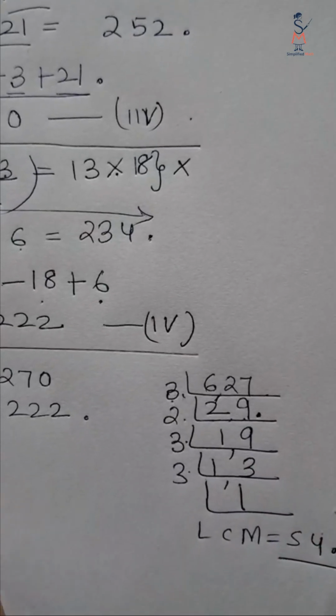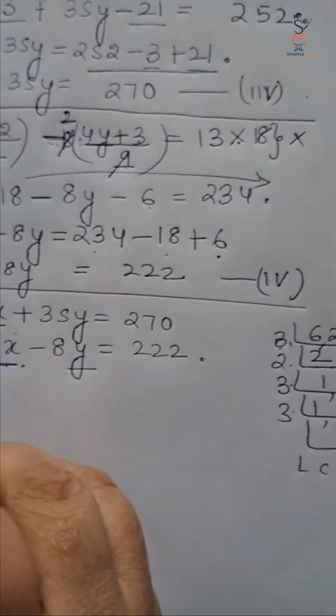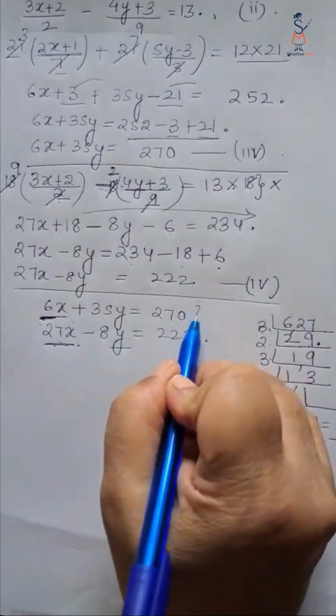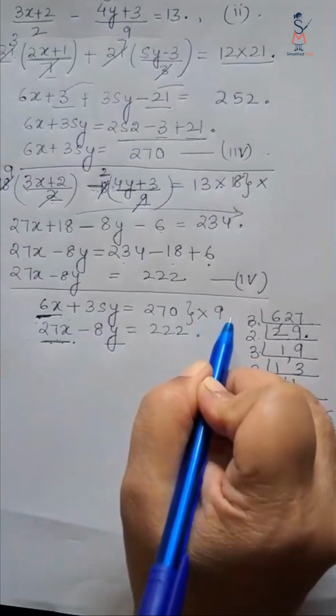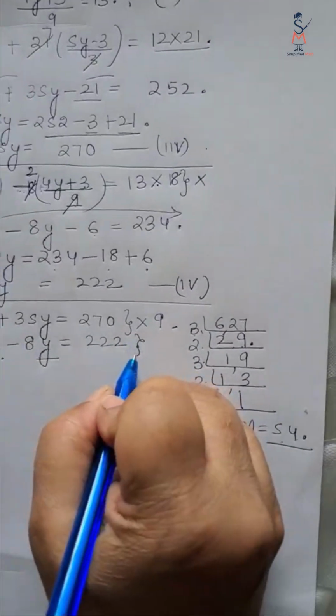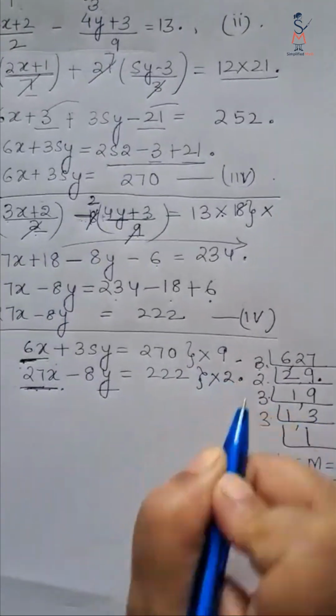That means we will make this coefficient 6 as 54. To make 6 as 54, we will multiply it by 9. And to make 27 as 54, we will multiply it by 2.